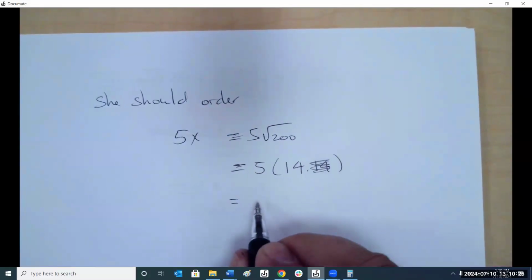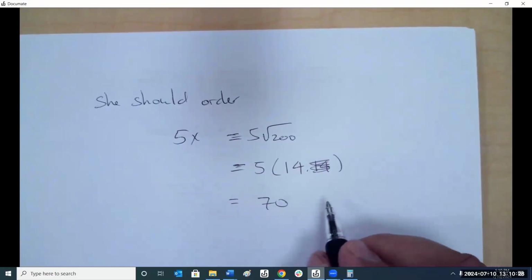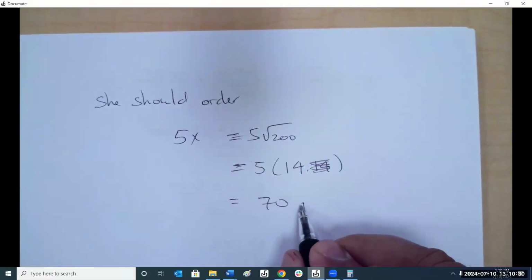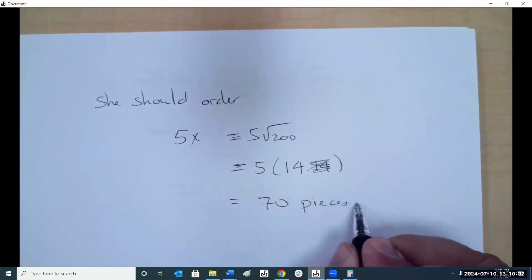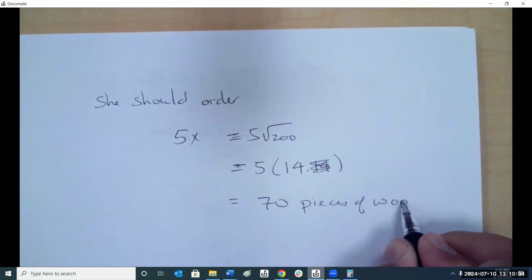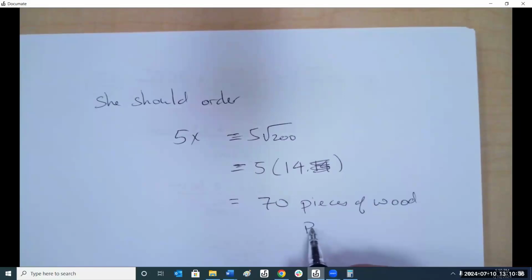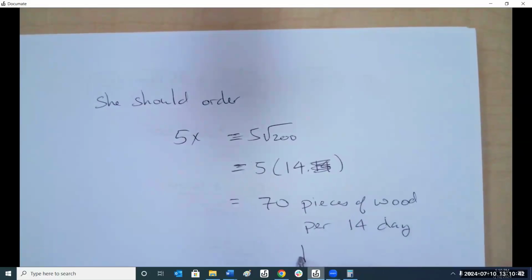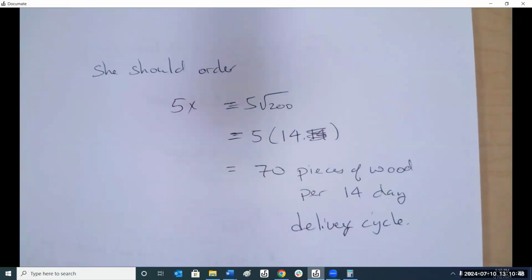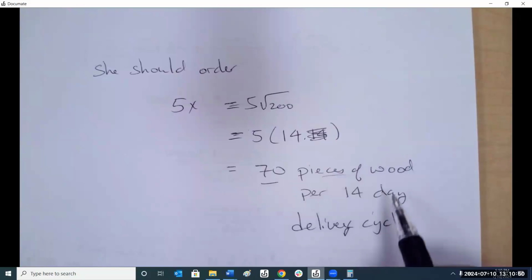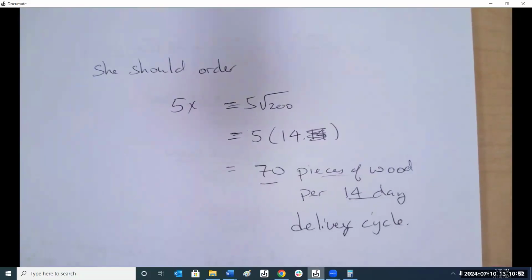We're looking at number of days. So we're looking approximately at 70. So she should order 70 pieces of wood every 14 days.